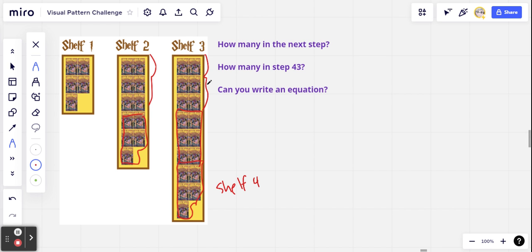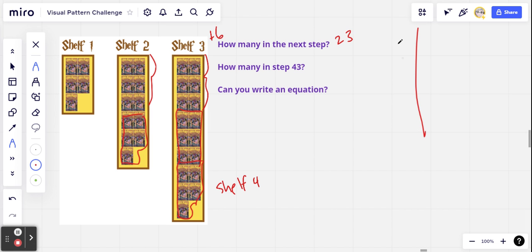And it looks like we added 6 more books in shelf 3. So in shelf 4, I'm just going to add 6 more, and that would be 5, 11, 17, 23 books in shelf 4. So I think shelf 4 is going to have 23 books.